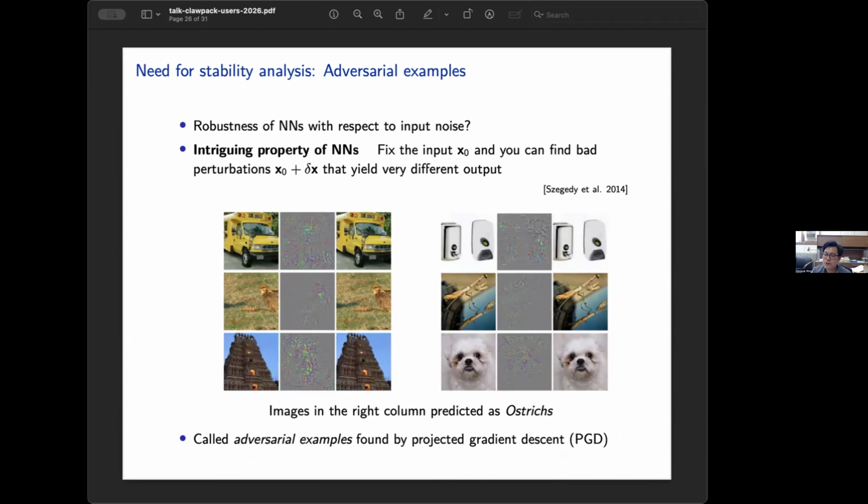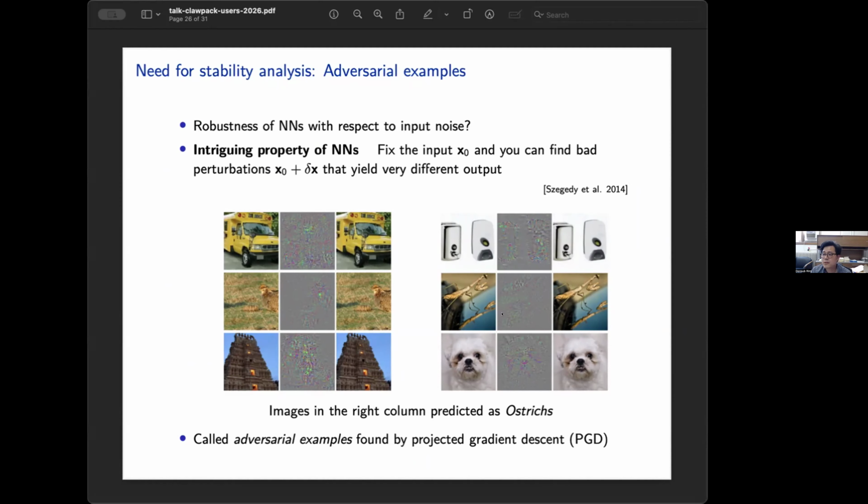If you train a neural network to classify the images on the left column, even if it did a good job for the original image, if you add minuscule data to this school bus, for example, you get this right image. This is the blown up image of this perturbation, so it's barely visible, it's tiny. It actually classifies all the images on the right columns incorrectly as ostriches rather than the school bus or a pyramid or a dog.